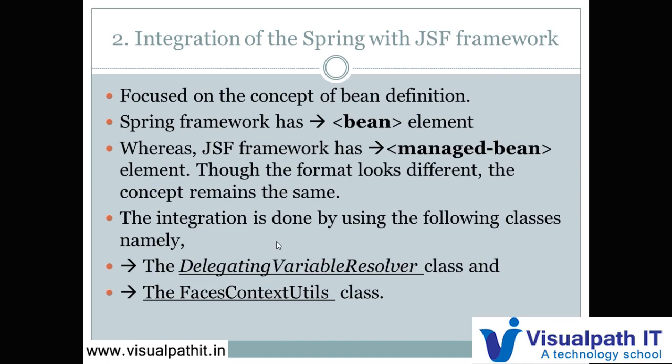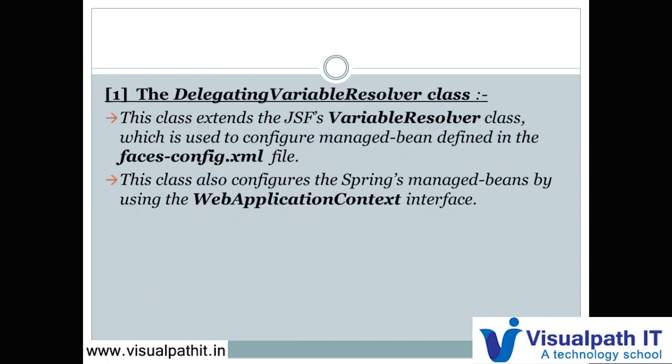The integration of Spring with JSF is done by two classes. If we remember these two classes, that might suffice. The first is the delegating variable resolver class and the second is the faces context utils class.